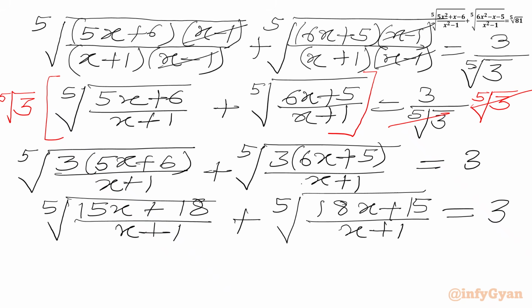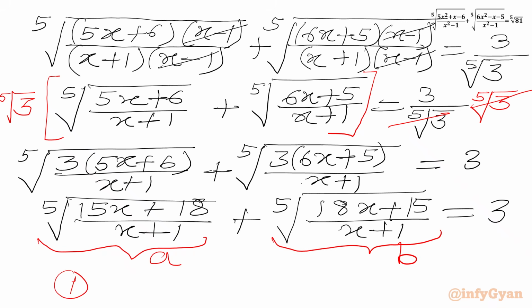Now we'll be using substitutions. Let us say first fifth root equal to a, second fifth root equal to b. So we are ready with our first equation, a plus b equal to 3.